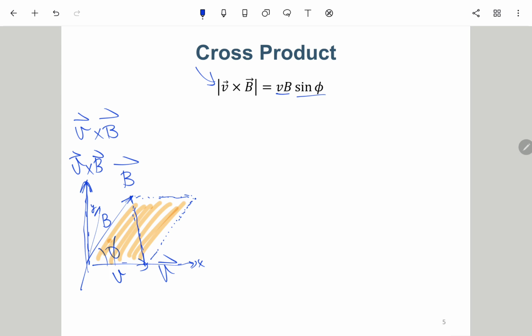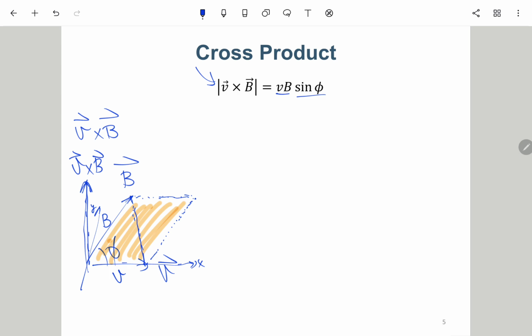Is this the law of sines? No, the law of sines is something else, related to the circumscribed circle. So anyway, the area of this triangle is one half B times V times sine of phi. Twice that is the area of the parallelogram. So this gives the direction and also the magnitude.